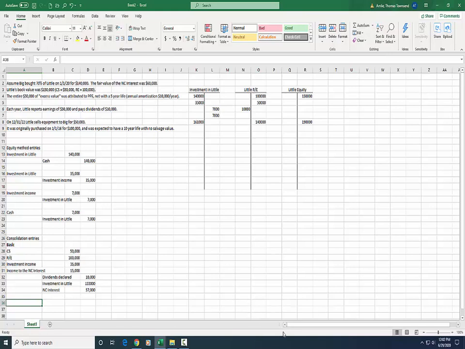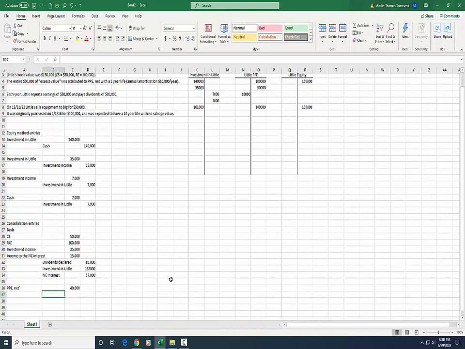First, we have to record the asset that's associated with that excess value. So what do we have at the end of the year? Well, we had $50,000 at the beginning of the year, but we would have amortized $10,000 of that. So at the end of the year, there's $40,000 of that excess value left. And that excess value is attributed to property, plant, and equipment net.